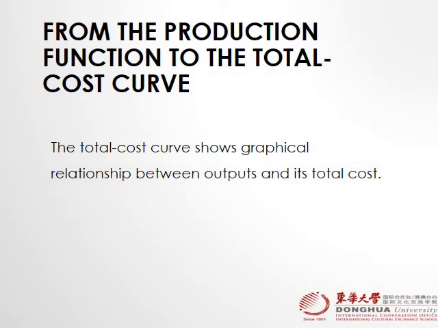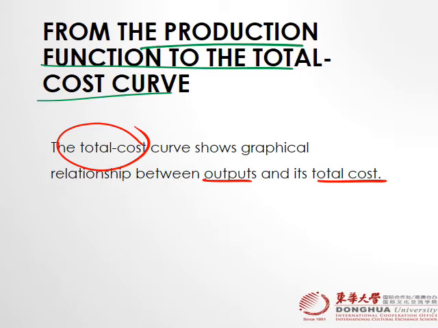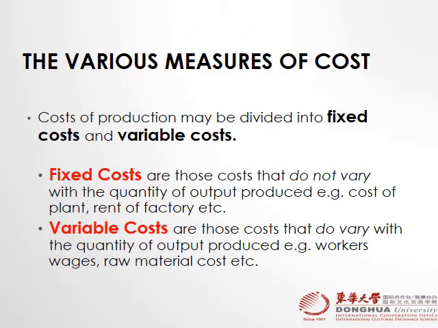And now the other concept, that is from the production function to the total cost curve. The total cost curve shows the graphical relationship between output and its cost. So let's talk about the total cost concept here. The various measures of cost, that is the cost of production, may be divided into fixed cost and variable cost. What is fixed cost?